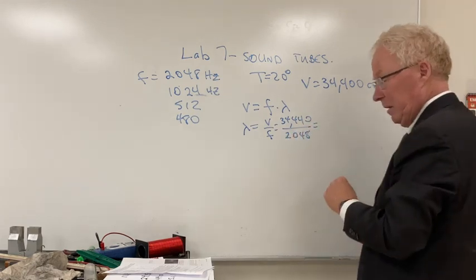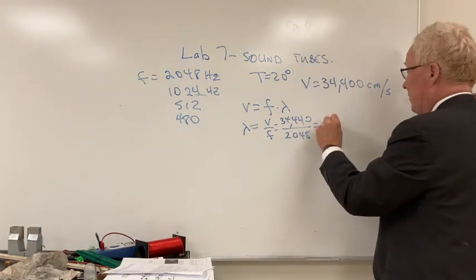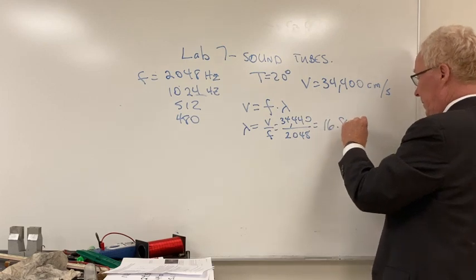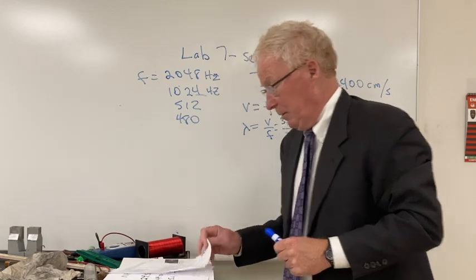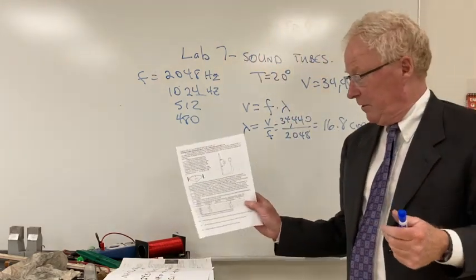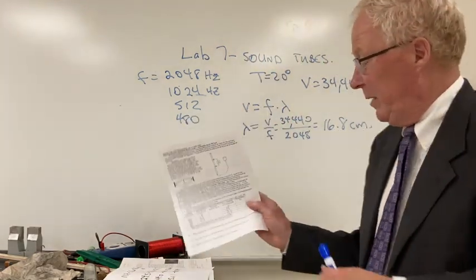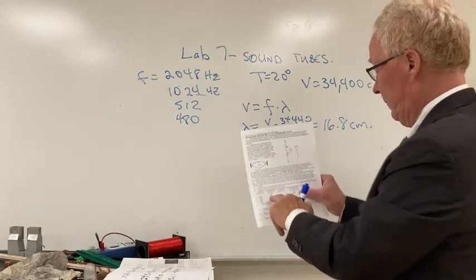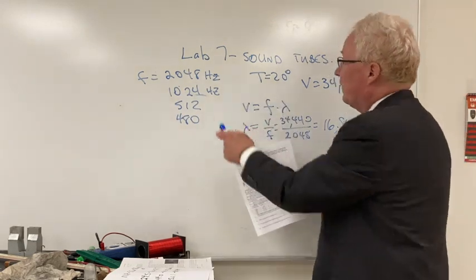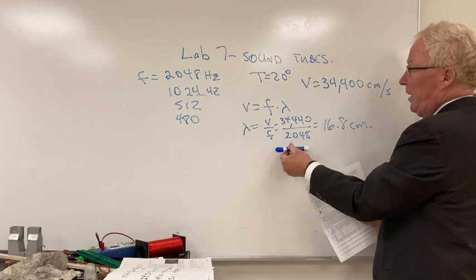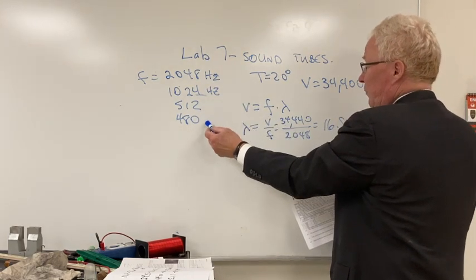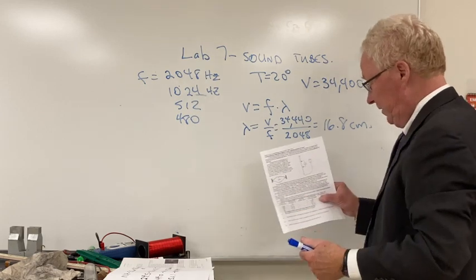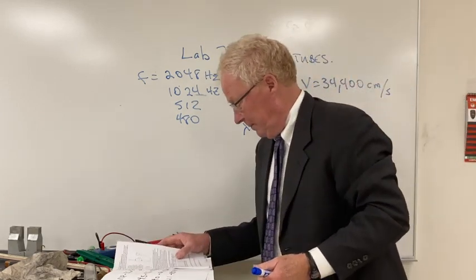I can calculate that to be 16.8 centimeters. Now for you, I'm going to do the experiment. I have the data, but you're going to be calculating each of these yourself. So instead of 2048, use 1024, 512, and 480. So fill in the table, all right?